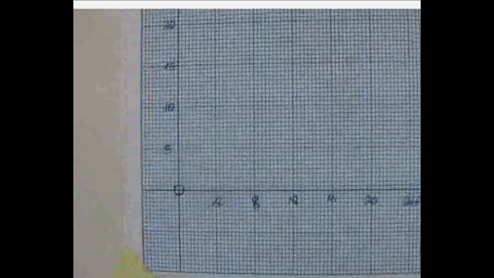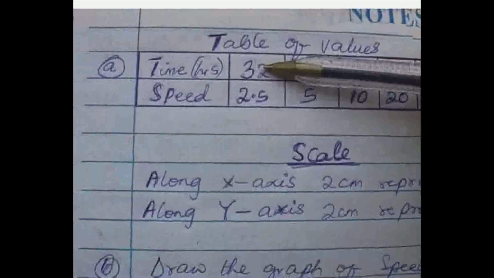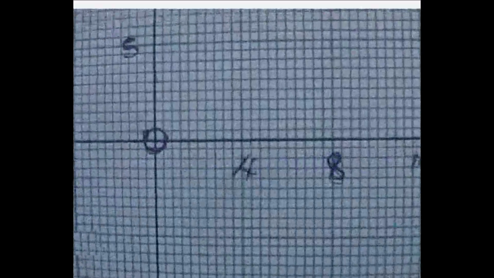You know that the plotting is easier than the calibration. Now we have 32. Look at 32 here. And the speed that is equivalent to 32 is 2.5. Now come to the y-axis.